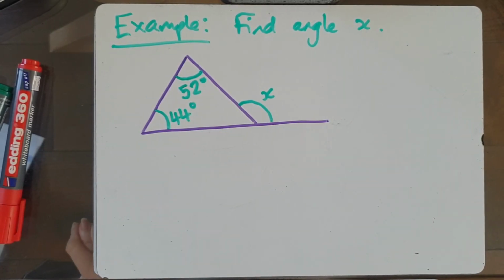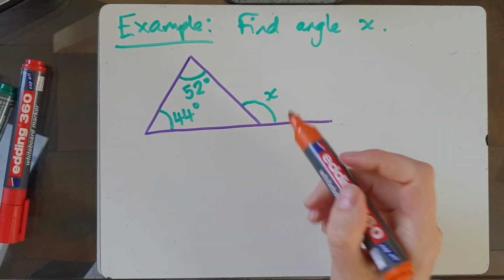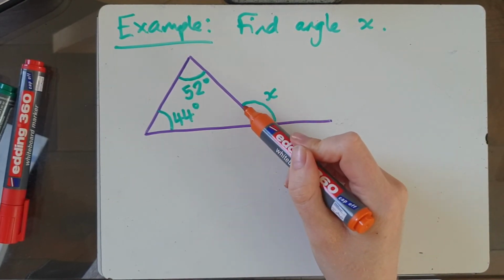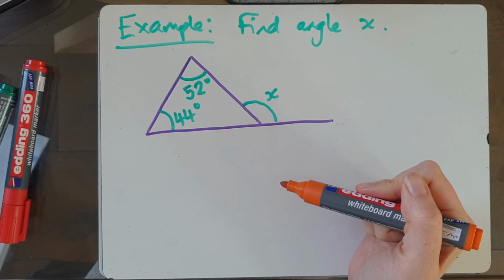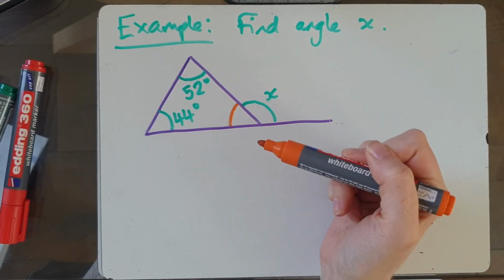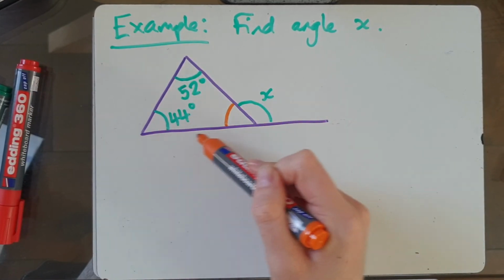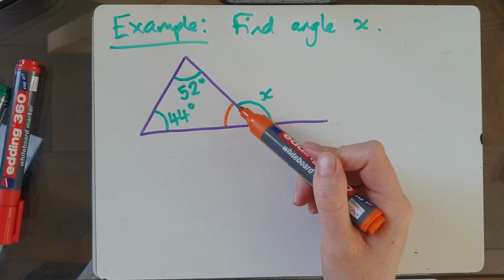So if I had a question like this and I wanted to find angle X, X is the exterior angle here. What I could do is I could find this missing angle by adding these two and then knowing that triangles have angles that add up to 180.